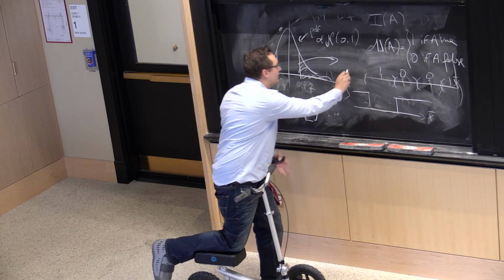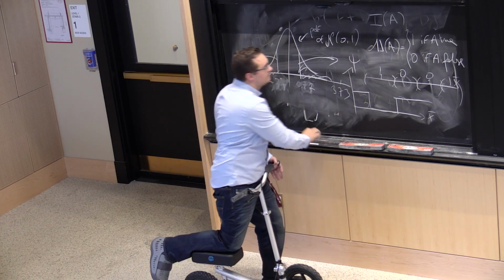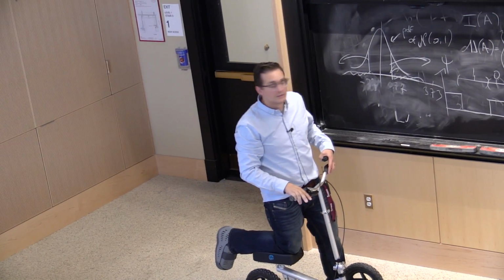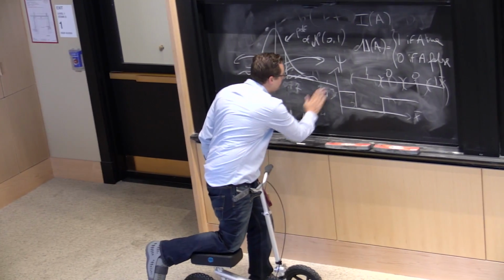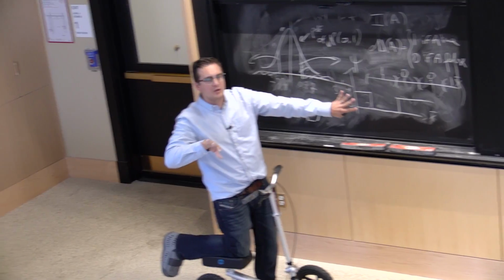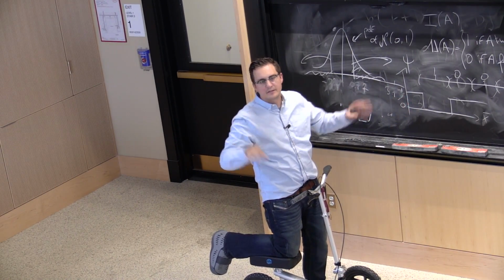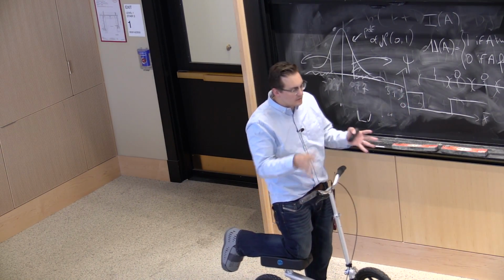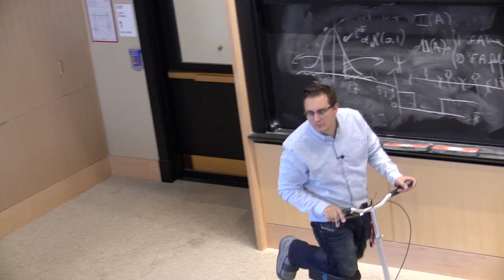So that's psi. This is 1, this is 1, and this is 0. So if x bar is too small or too large, I get a value 1. But if it's somewhere in between, I get a value 0.